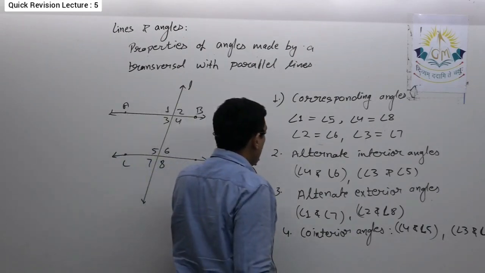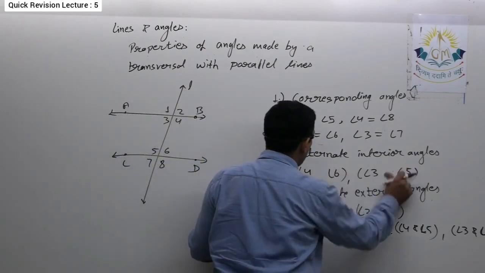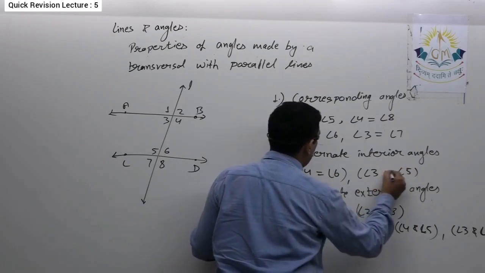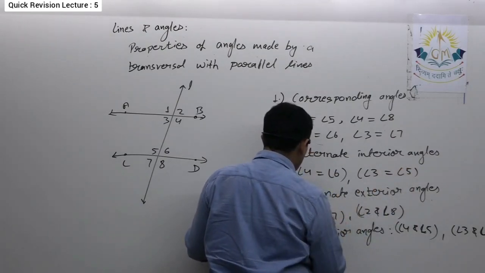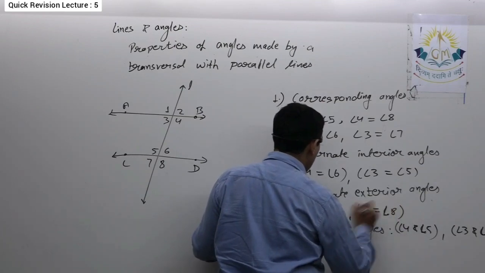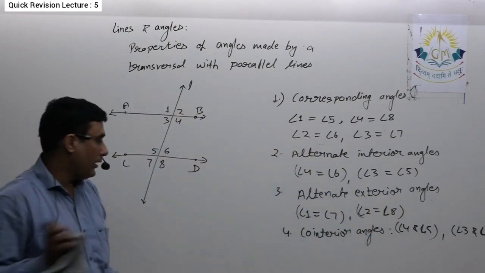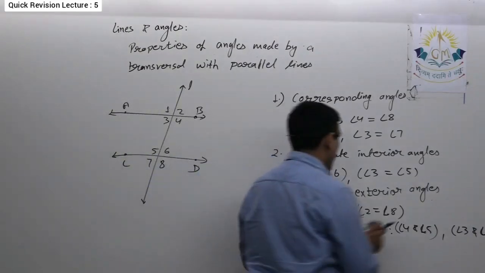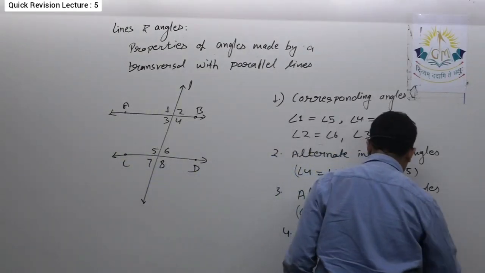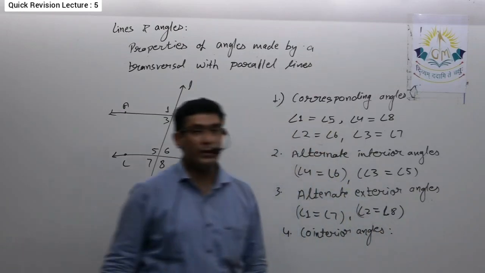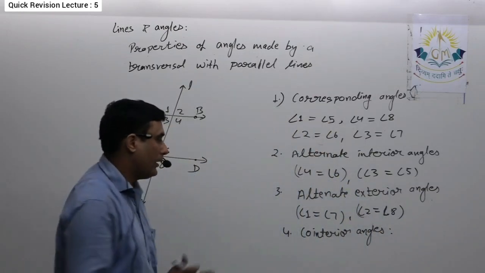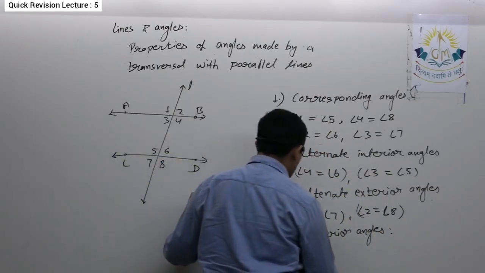Similarly, alternate interior angles made by a transversal with parallel lines are equal. Similarly, alternate exterior angles are equal. Now, co-interior angles have a slightly different rule. We won't say they are equal, they are supplementary.